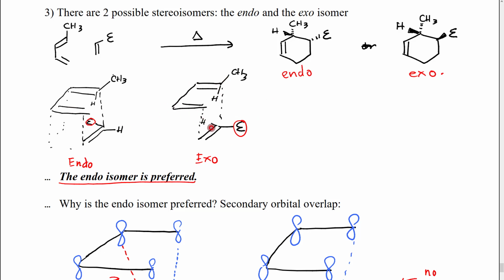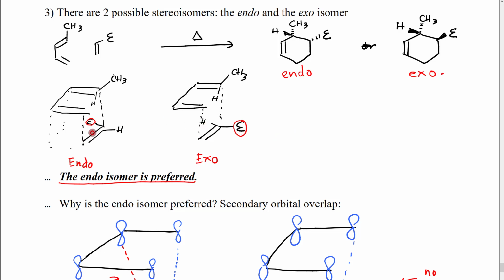So here it's under the U, here it's outside away from the U. We organic chemists have come up with a term to describe these two relative orientations. We say in this case, the E group is endo, it's inside. That's what endo means, right? Exo means it's outside. So we can have either endo approach or exo approach.